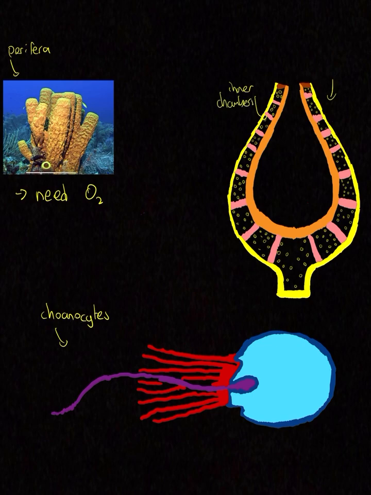And the choanocytes have many unique features that help the sponge, but the main one we're concerned with for this process is this tail bit here, called the flagellum. The flagellum is surrounded by small hair-like threads called the microvilli.